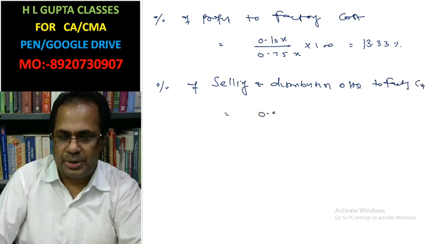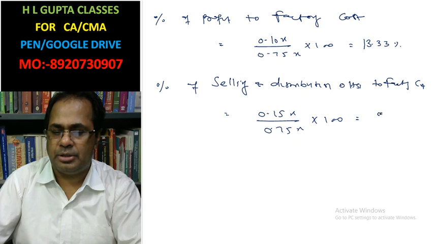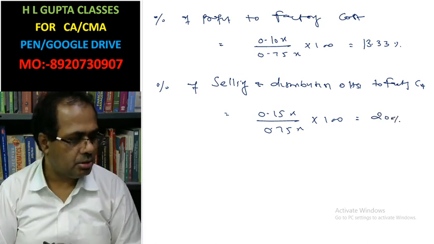This is 0.15X divided by 0.75X into 100. This is 20%.